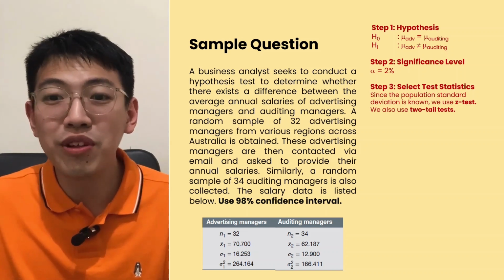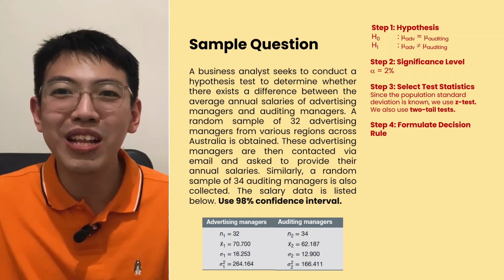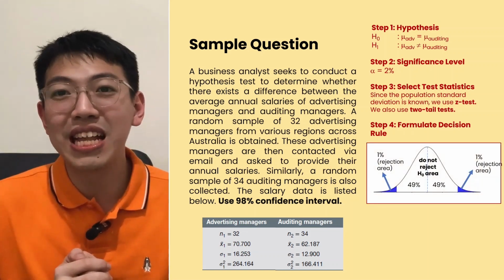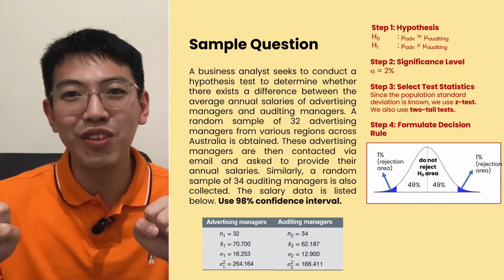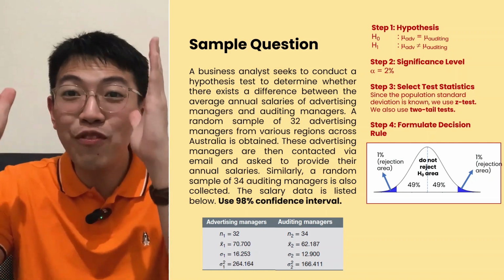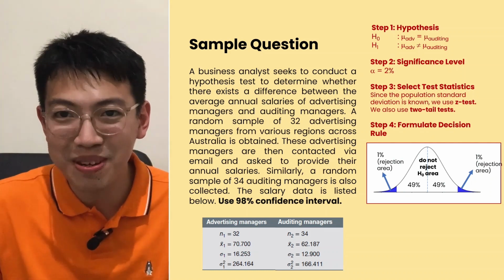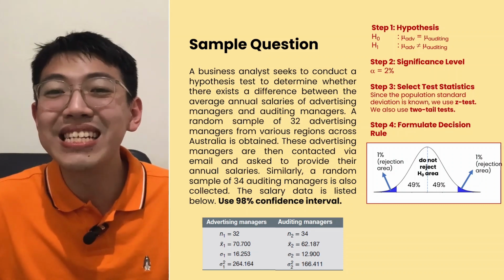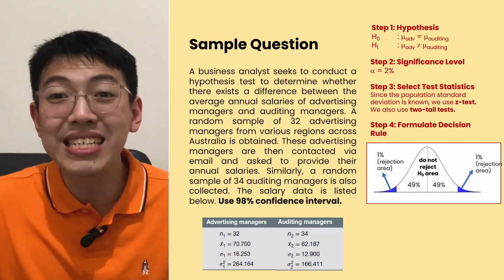The fourth step is to formulate the decision rule. As we know in the two-tailed graph, if the significance level is 2%, the right tail will be 1% and the left tail will be 1%. So the white area in the half side of the bell curve will be 49%. We can find the Z critical using area 0.4900.